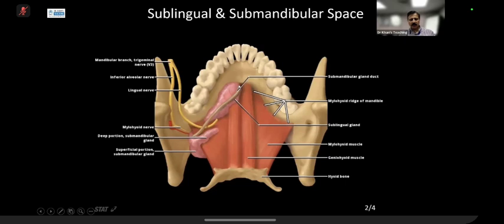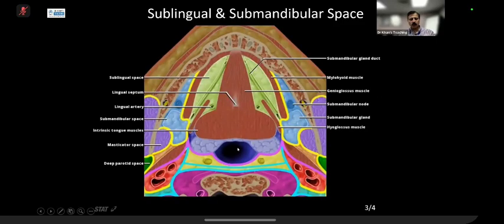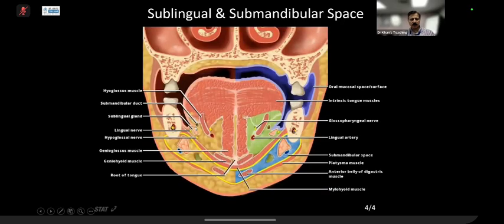And that is why the duct is seen here, and that is why we cannulate it at this part of the anatomy when we do a sialogram. So this is the sublingual gland. Now coming back, this green space is the sublingual space, and this blue space is the submandibular space.